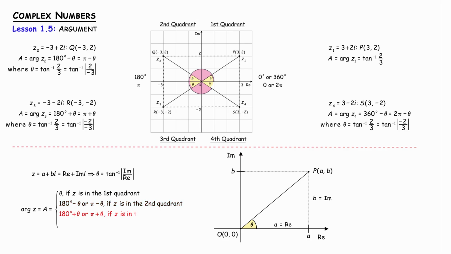A is equal to 180 degrees plus theta, or pi plus theta, if the complex number is in the third quadrant. And finally, A is equal to 360 degrees minus theta, or 2 pi minus theta, if the complex number is in the fourth quadrant.